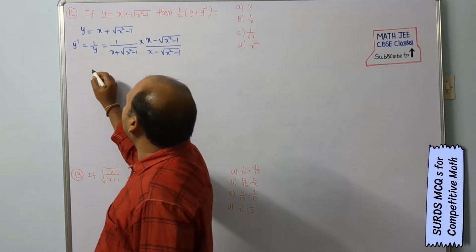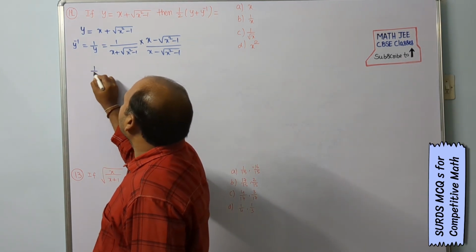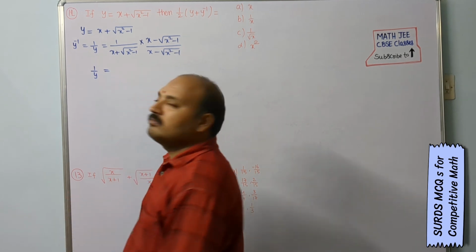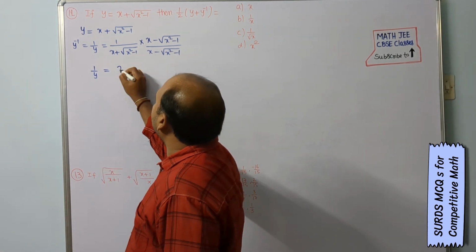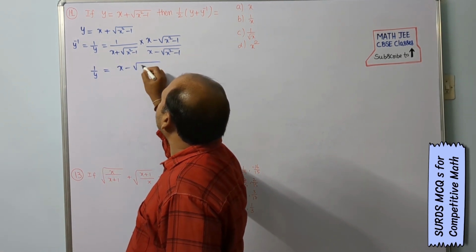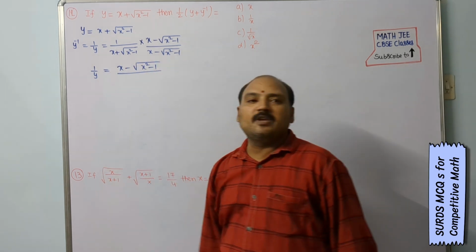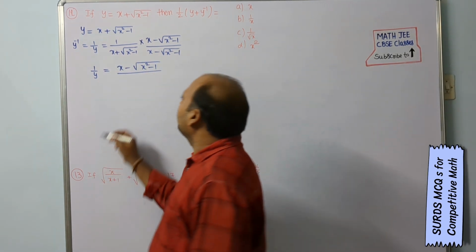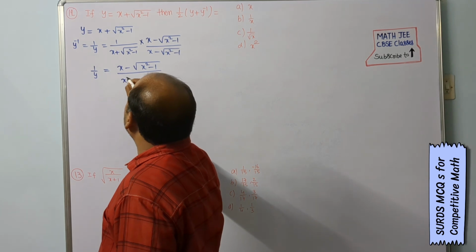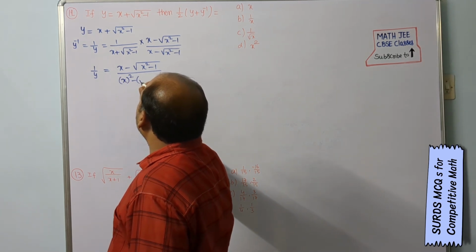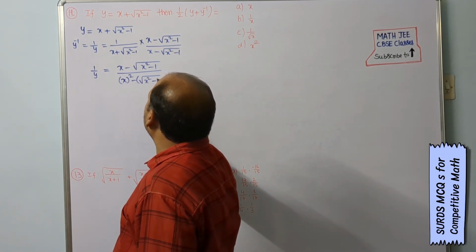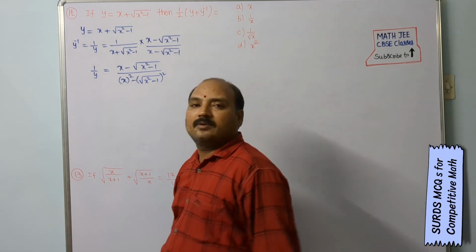So 1 by y is equal to x minus root of x square minus 1 divided by a plus b into a minus b. So x square minus root of x square minus 1 whole square.